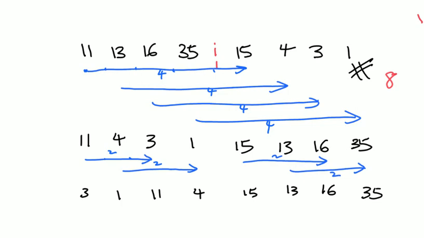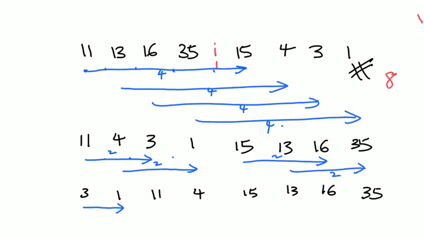What do we do next? This is arrows of length 4, and these are arrows of length 2. So let's do it again recursively. 2 divided by 2, what do you get? You get 1. An arrow of length 1, and this arrow is by itself.